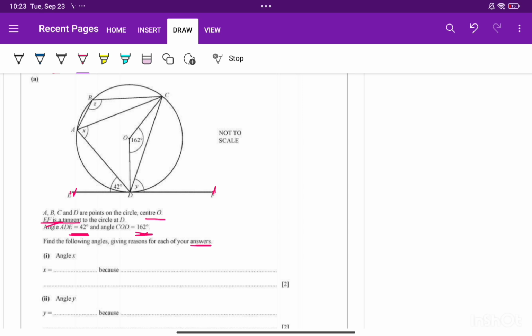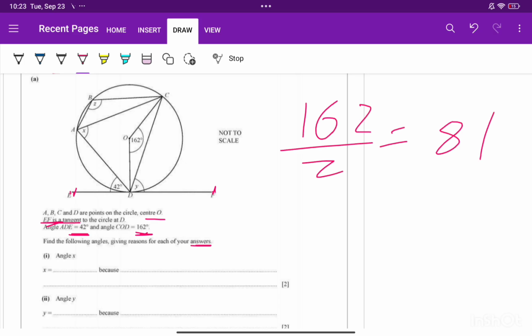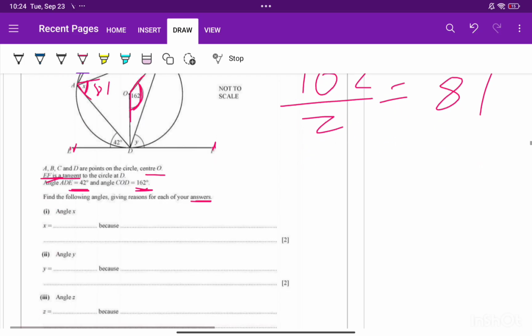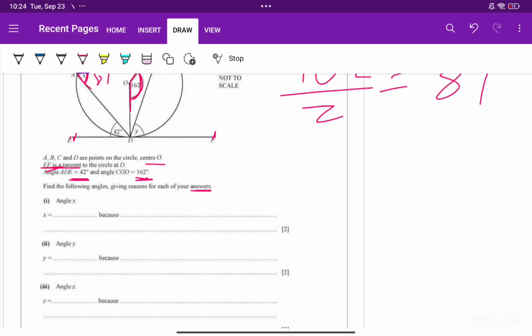Part I, angle X. So angle X will be 162 divided by 2, which will be 81. The reason is that the angle at the circumference is half the value of the angle from the center. So this is our angle from the center, and this will be half, the angle at the circumference. So this will be 81.